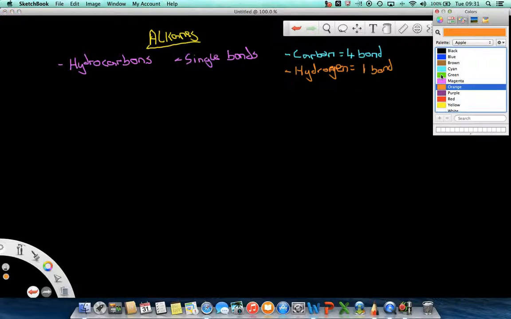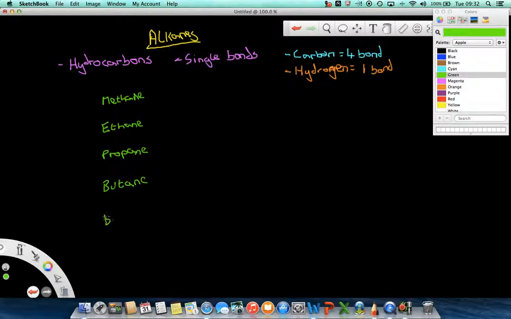So the order of them and how heavy you want to remember them is up to you, but I remember them straight. If you want to come up with a mnemonic, you can to help you. But the order of the alkanes is methane, ethane, propane, butane, and pentane.